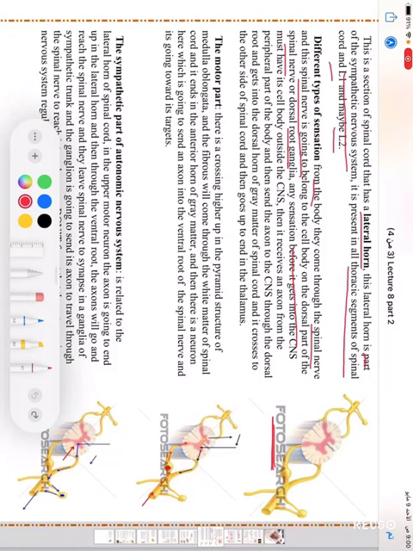Any sensation, before it gets into the central nervous system, must have its cell body outside the central nervous system. Okay.